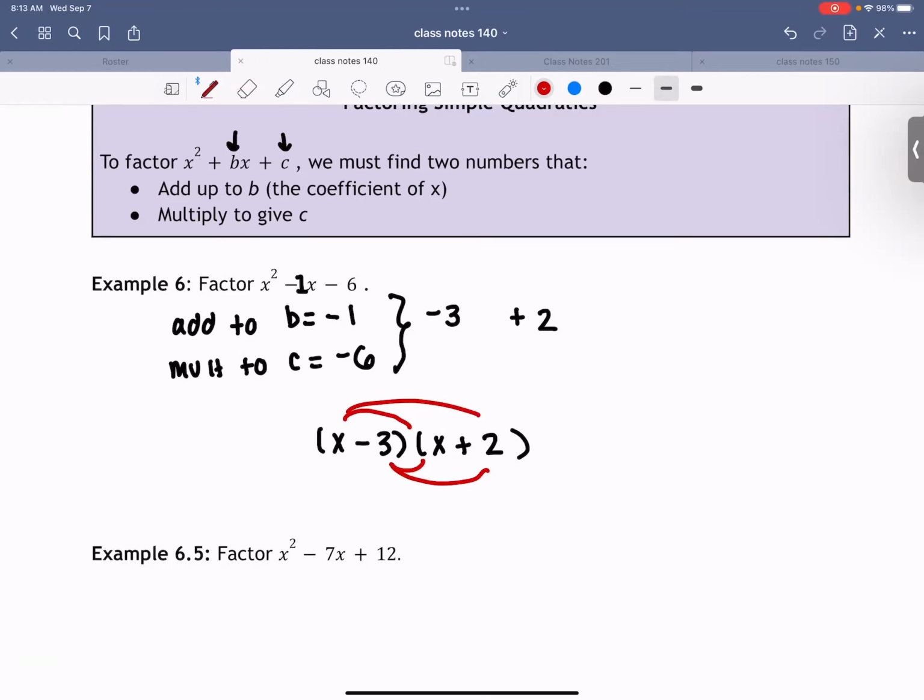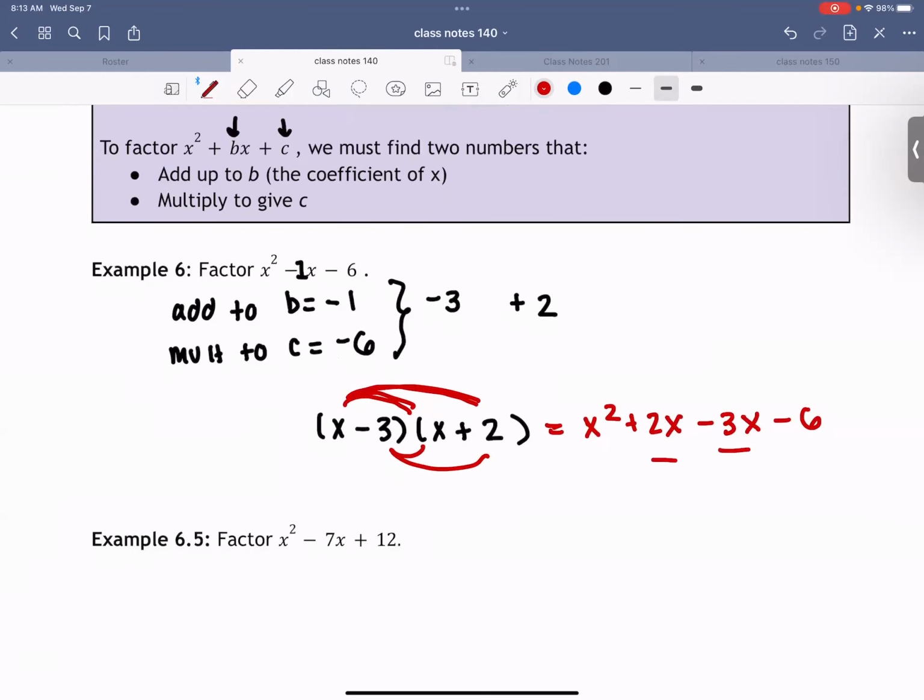So x times x is x squared, x times 2 is 2x, -3 times x is -3x, and -3 times 2 is -6. Okay, combine the middle two terms, gives us x squared minus x minus 6, which is what we started with. So we can always go back to this if we're ever unsure if we got the right answer. Okay. Any questions on example 6?